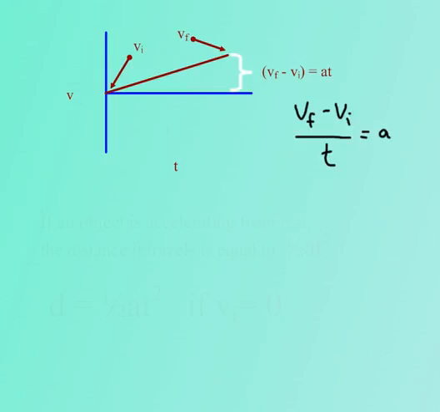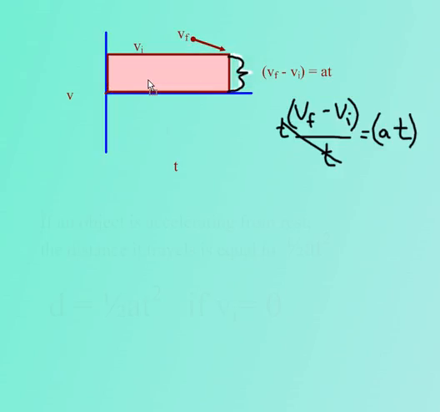So if we were to multiply by t on both sides, then vf minus vi, which is that much of the y-axis on this graph, is equal to at. So at times t, again, would be that whole area, which is too much. We really only want the half that's still pink, the half that's not blocked out by the black triangle I just blocked in. Well, that's exactly half of the old rectangle.